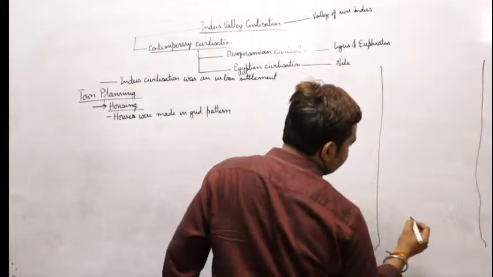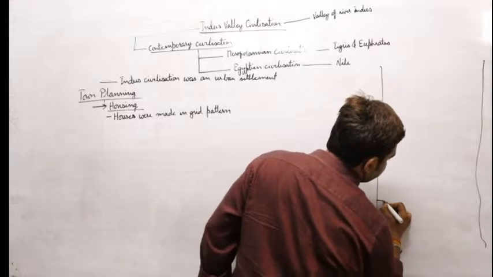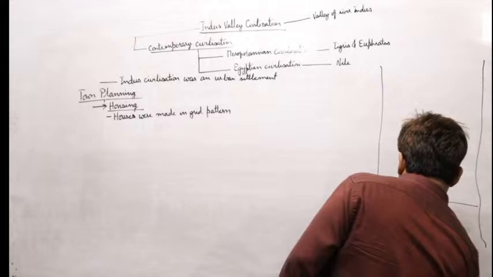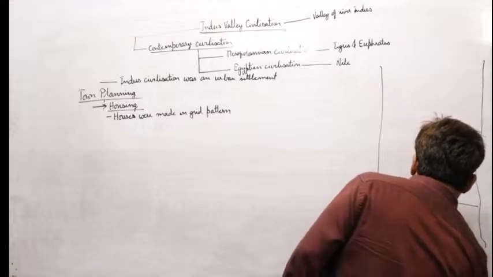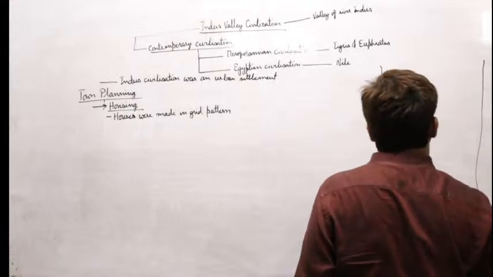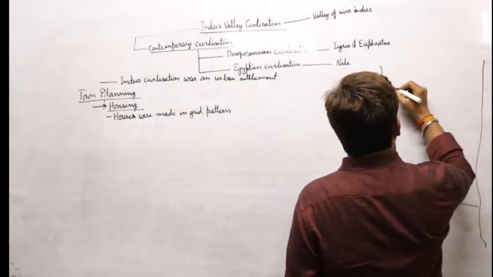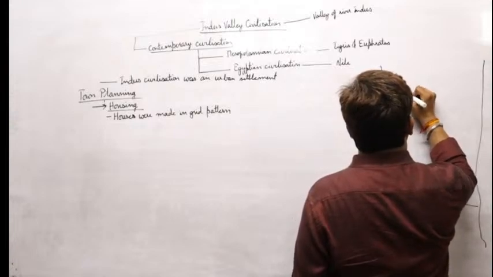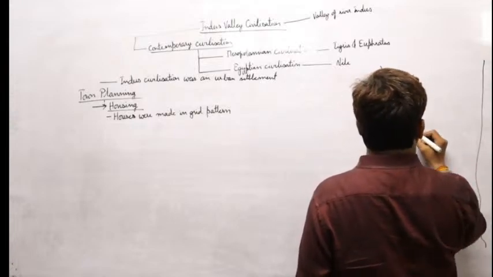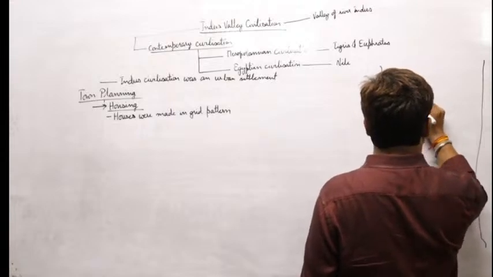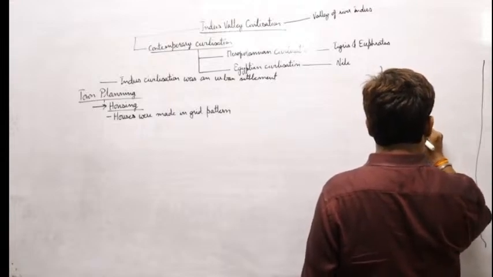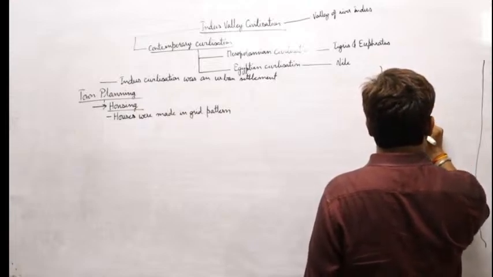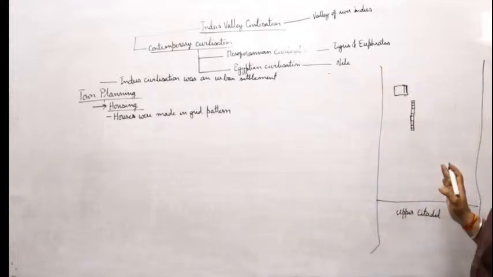Now this is the upper citadel. So we have granary over here. Houses, they were made in a... these are the barracks where workers used to live.